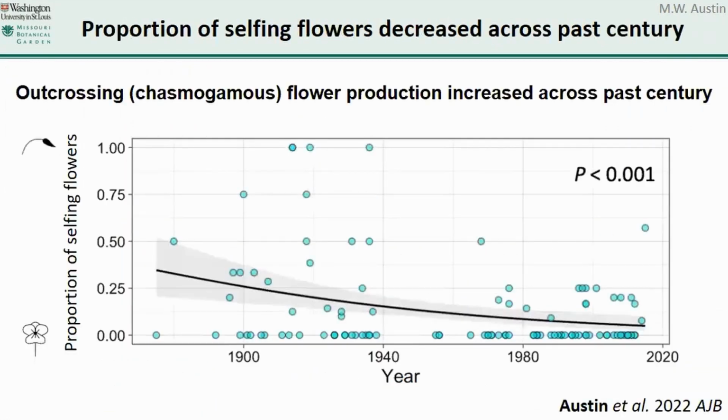From this work, I find a significant association where the proportion of selfing flowers has decreased from 1875 to 2015, indicating that across that time period, there appears to be greater relative production of chasmogamous outcrossing flowers compared to obligately selfing cleistogamous flowers.